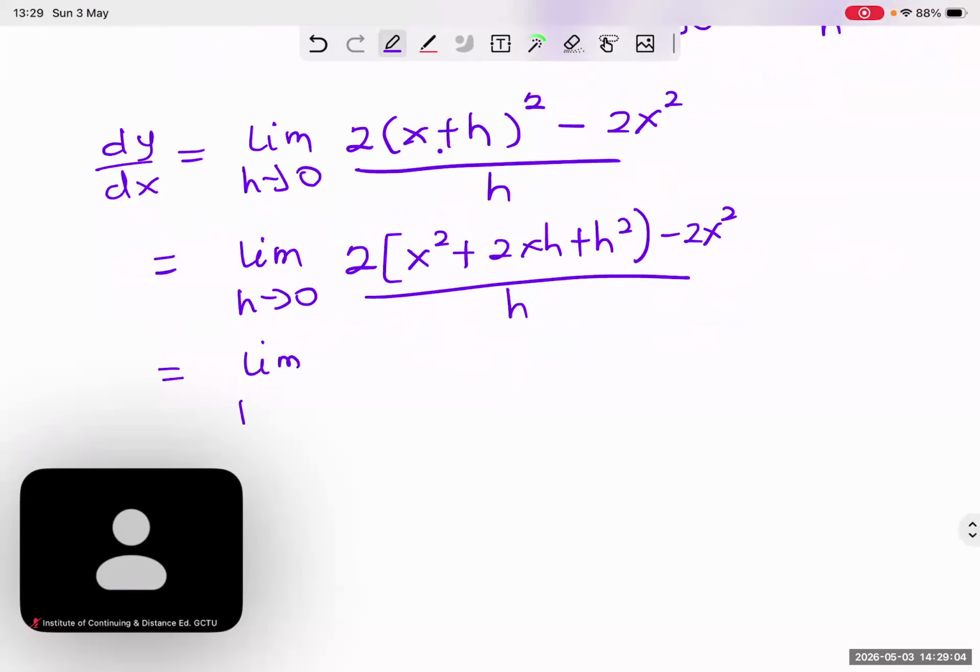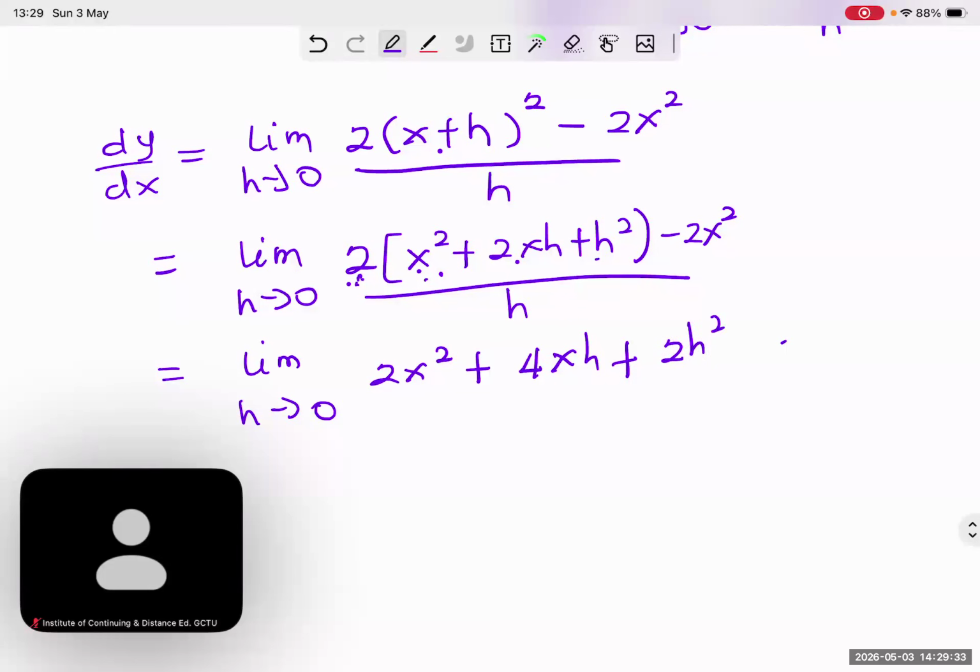Step-by-step simplification. Limit as h approaches 0. We can expand the expression by multiplying 2 by every single term in the bracket. So I have 2 times the x squared, that will give me 2x squared, plus 2 times the 2xh, that will be 4xh, plus 2 times the h squared, that will be 2h squared.